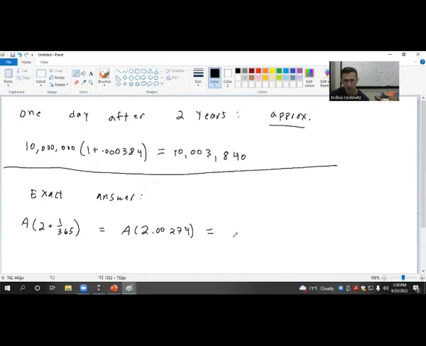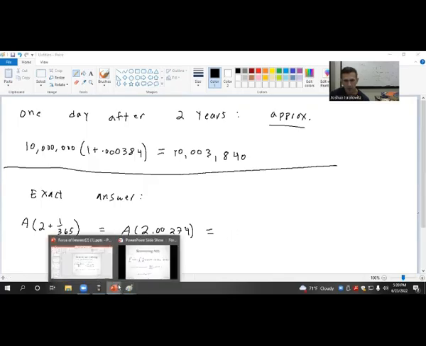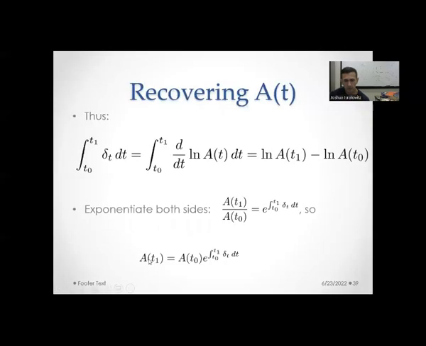So we have our formula, A of 2 times e to the integral. This is 2 years and 1 day, so t0 is 2 years, t1 is 2 years and 1 day.